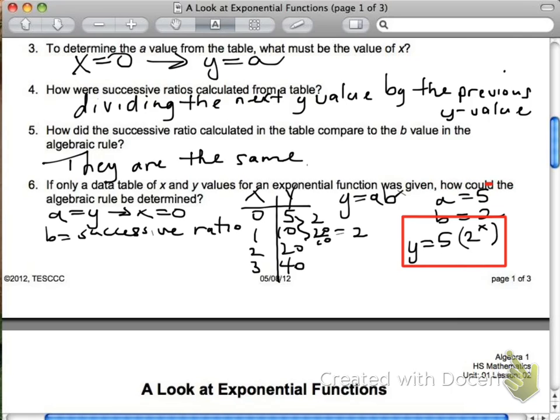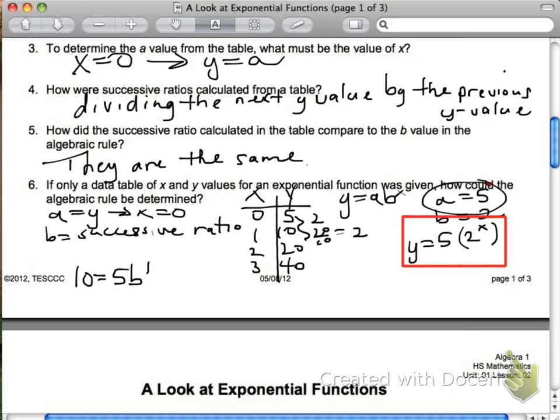Now, if I have the table given to me, I could say, Y is 10 when A is 5, because we just figured that out. I don't know B, but my X value was 1, right?